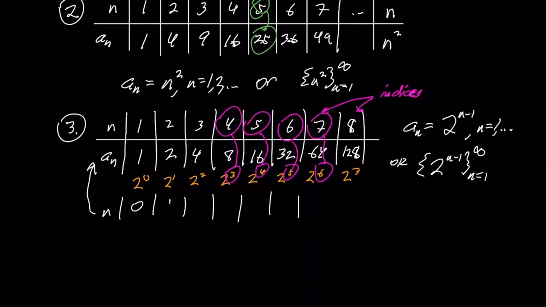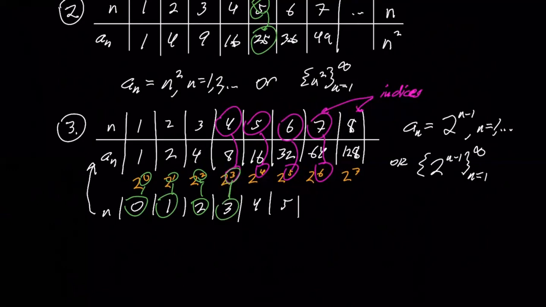If that was actually n equals 0, 1, 2, 3, 4, 5, etc., then that would really match. The 0 here would match the 0 there. The 1 here would match the 1 there. The only thing we do is start counting from 0. That's the only difference, and so it's the exact same.